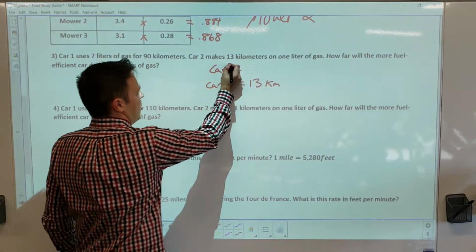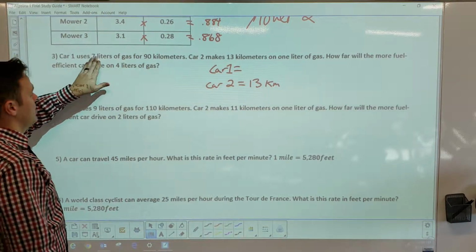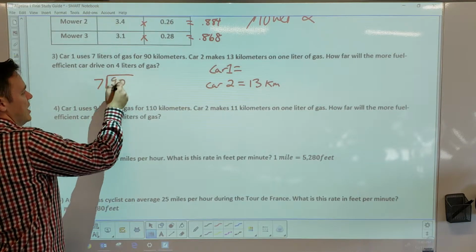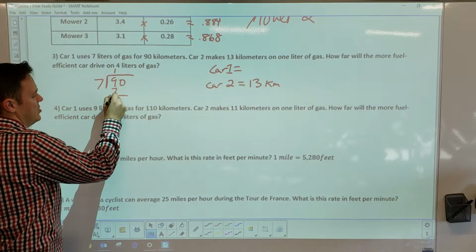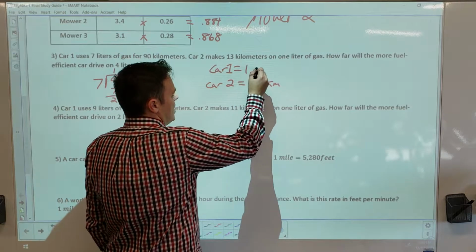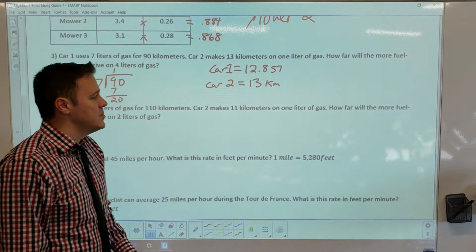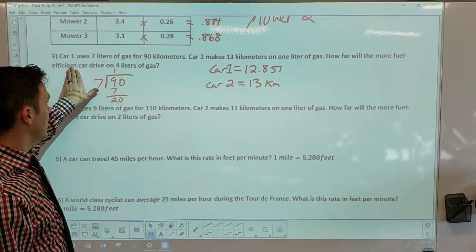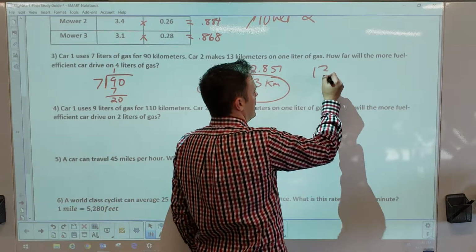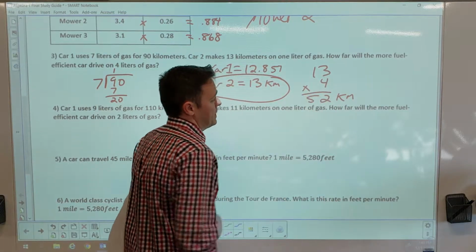We know it uses 7 liters of gas per 90, so you actually need to divide this. Do the math and you end up with 12.857. So which car is more fuel efficient? That would be car 2. And how far can it go on 4 liters of gas? It can go 52 kilometers.